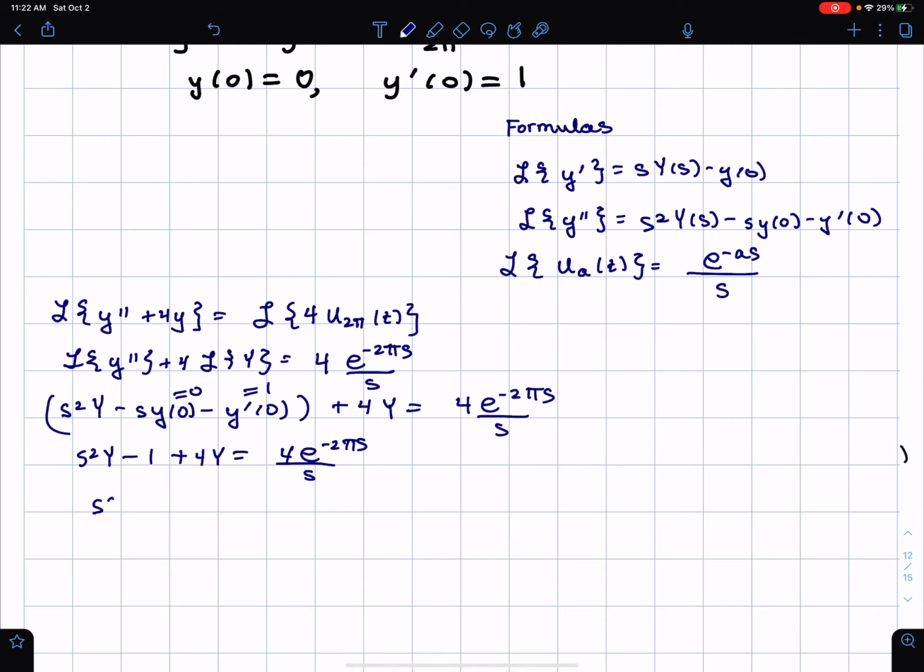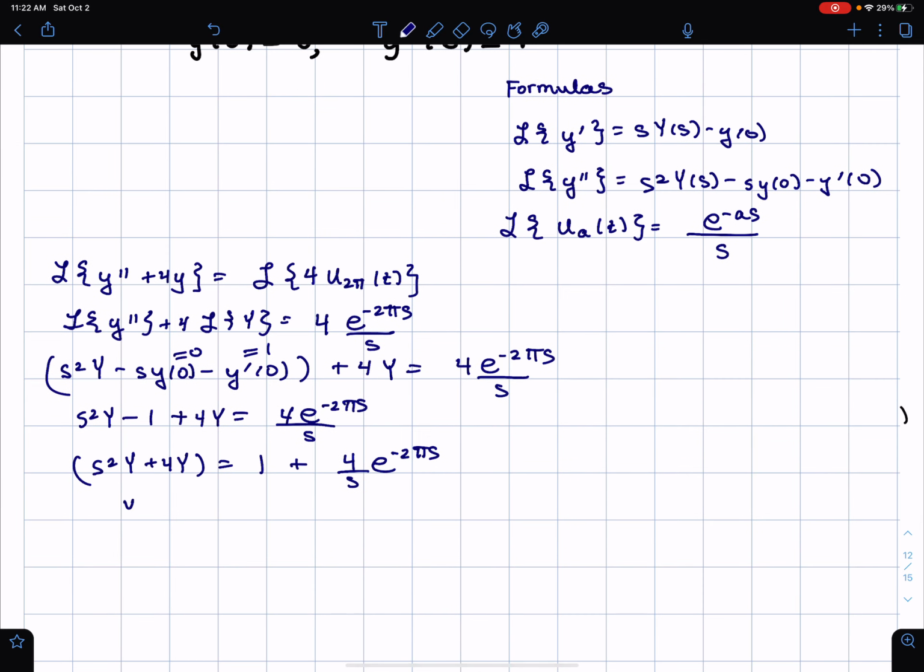Then I'll group the terms that have Y, and add 1 to the other side. This gives Y times (s squared plus 4) equals 1 plus 4 over s times e to the negative 2 pi s.